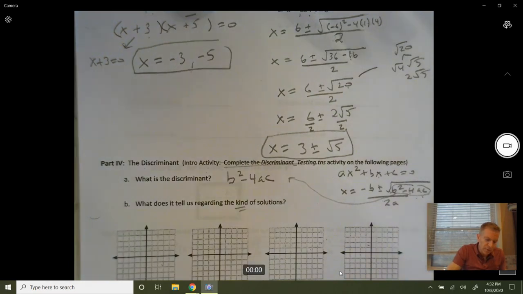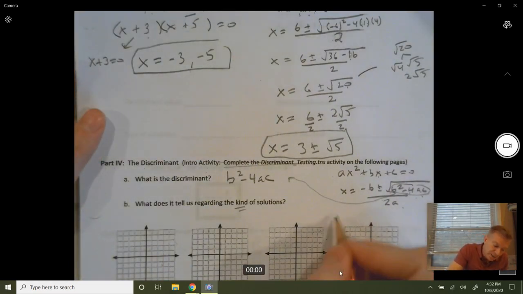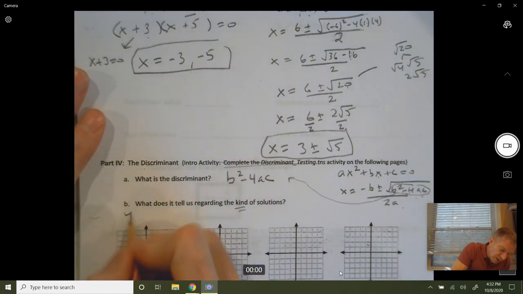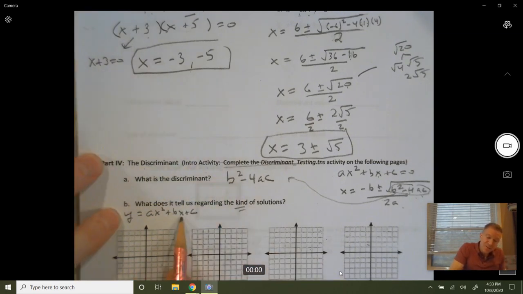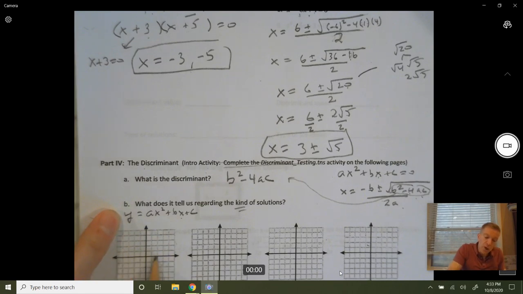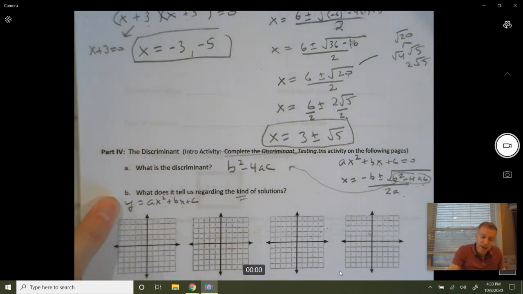If we were to graph y equals ax squared plus bx plus c, and we set this equal to 0, when you set the y equal to 0, you're solving for your x-intercepts. You're saying, where does my parabola cross the x-axis? And if you get a negative under the square root, there's no real numbers where that happens.